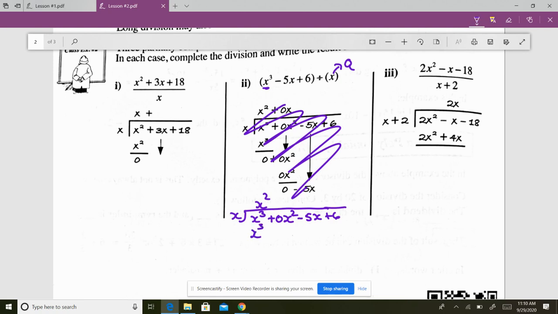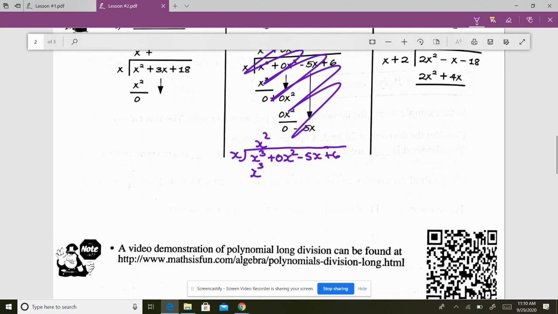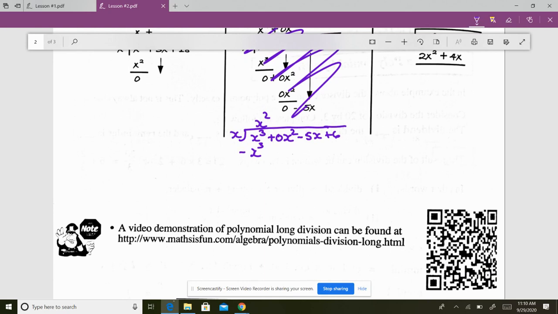So that sits there like that. Then what do? Just like what we did in the previous one. You subtract them. X cubed minus x cubed is nada. Bring down the 0x squared.